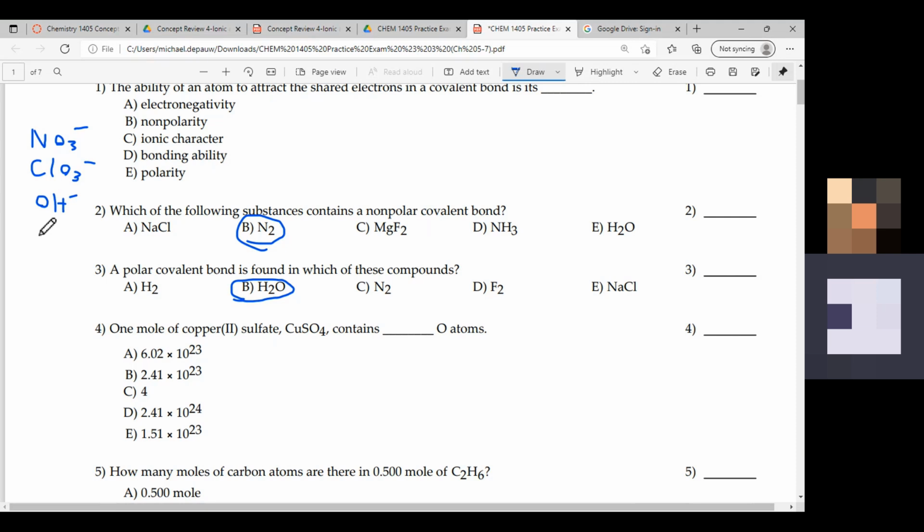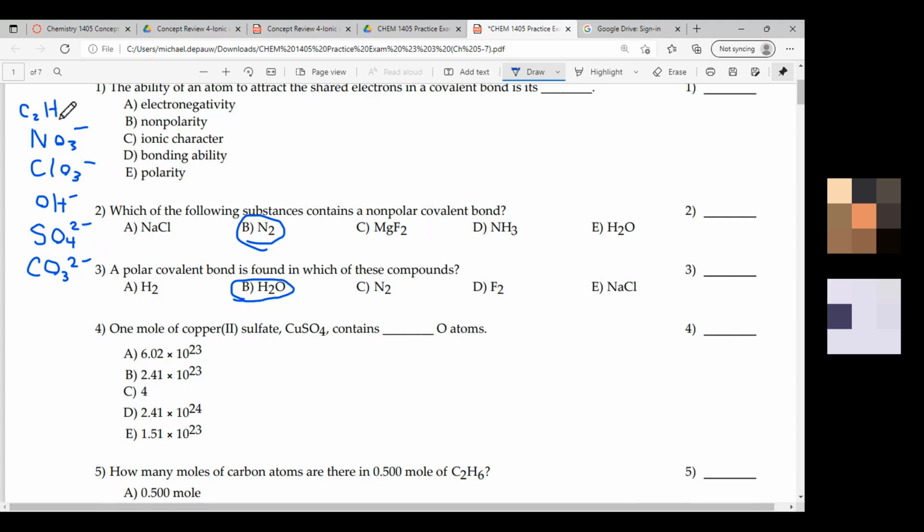The other negative one is acetate, C2H3O2, and you may also see it as CH3COO minus.